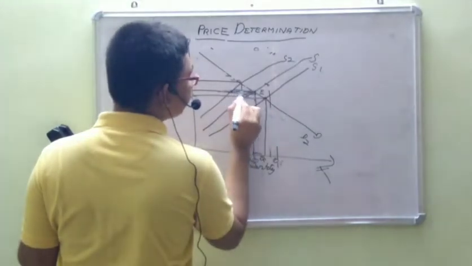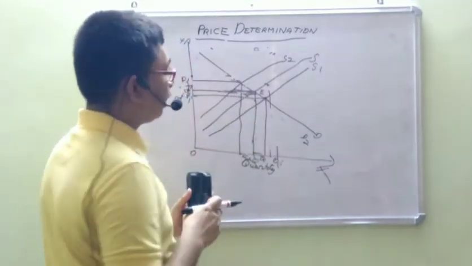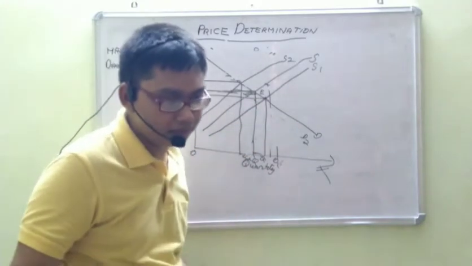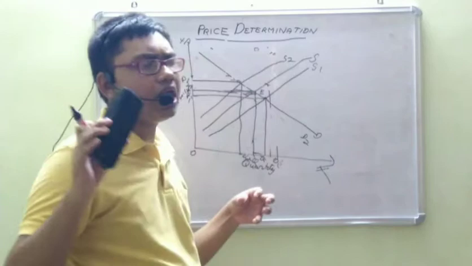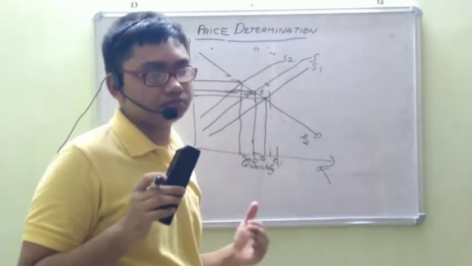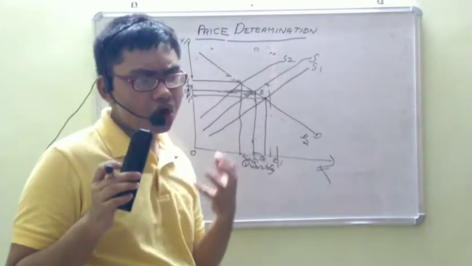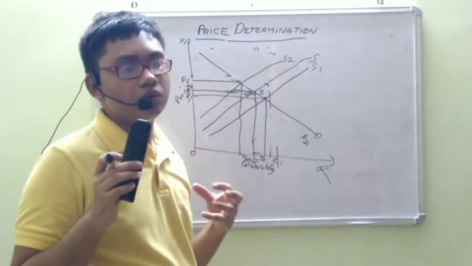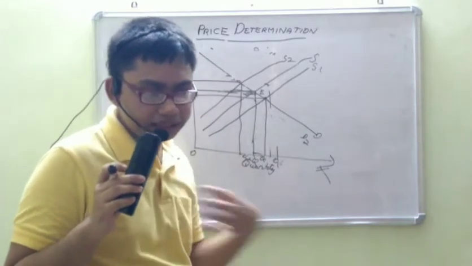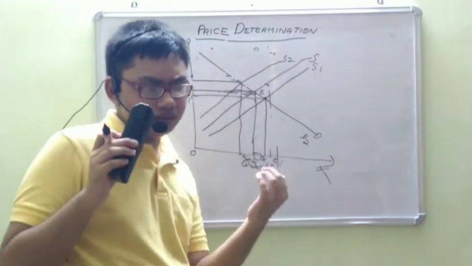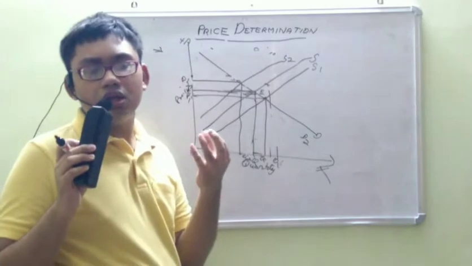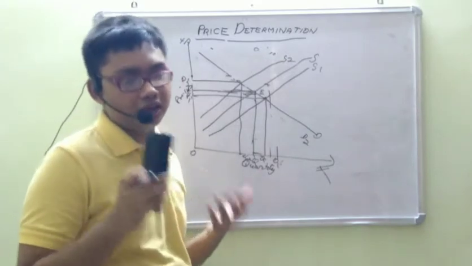Here is a difference of this much between demand and supply. There is excess demand and not excess supply. So there will be competition among buyers which will push the price up. Because they want to buy the goods, they will have to sacrifice on their wishes and be ready to pay a higher price.